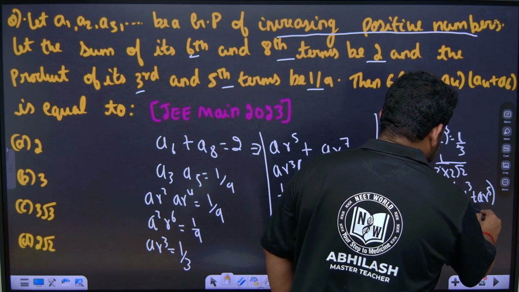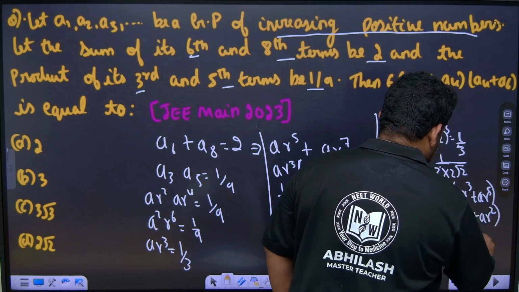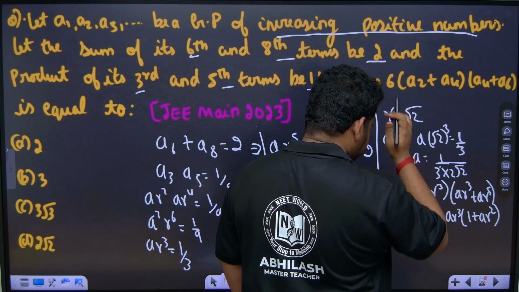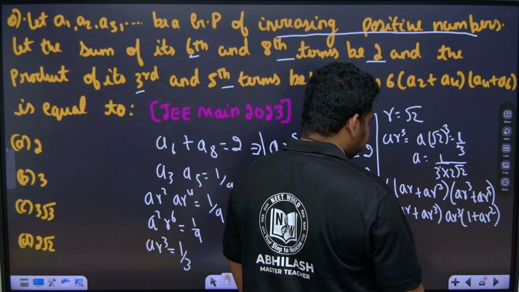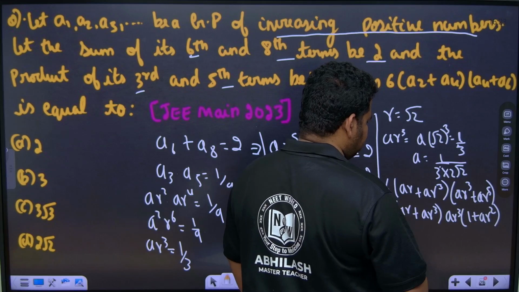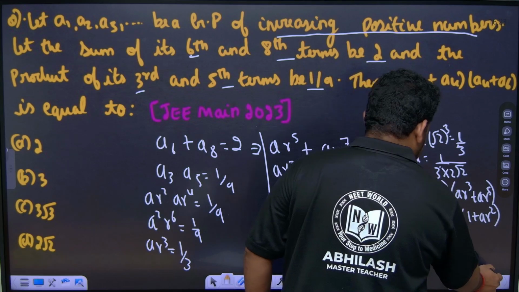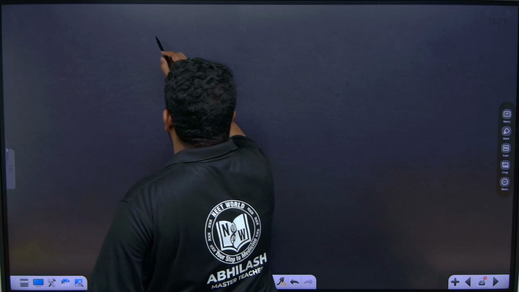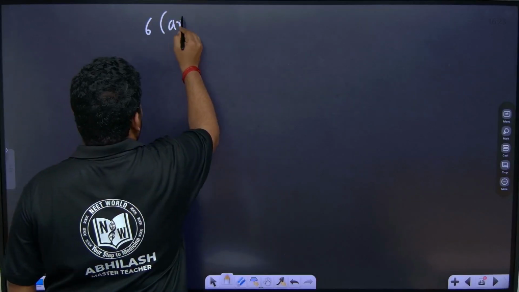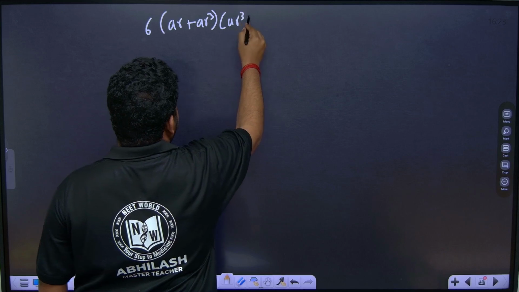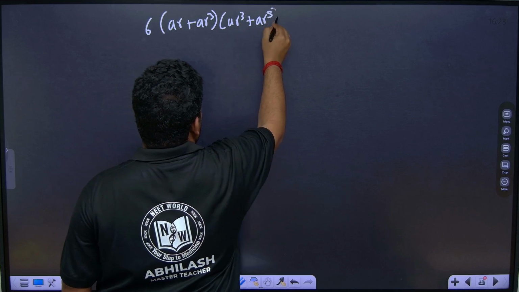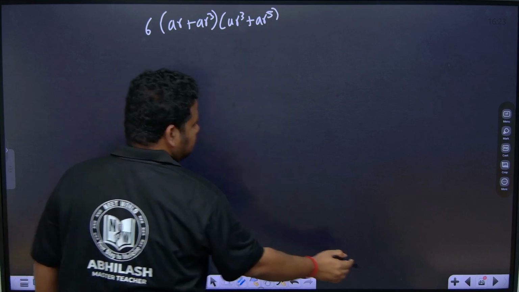So ar plus ar cube, into ar cube plus ar5. Wherever ar cube is there I can put 1 by 3, without taking common also, not a problem. Let us check: 6 into ar plus ar cube into ar cube plus ar5. Correct?